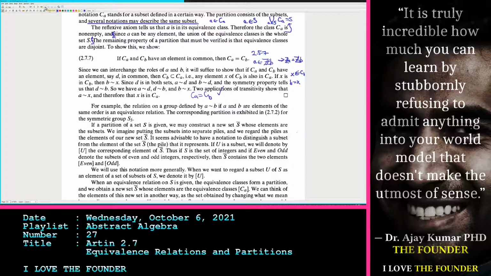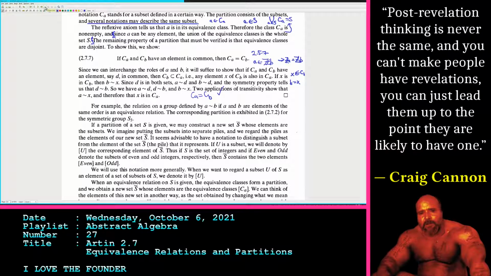If a partition is given, then we may construct a new set S bar whose elements are the parts of the partition of S. Imagine putting the subsets into separate piles, and now we regard the piles as the elements of our new set S bar. It seems advisable to have a notation to distinguish a subset from the element of the set S bar, the pile that it represents.